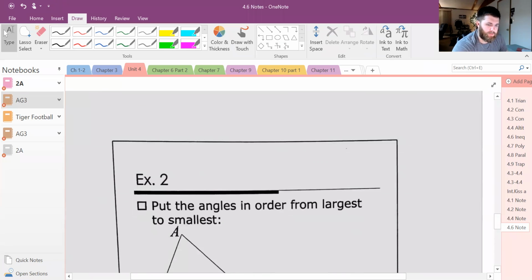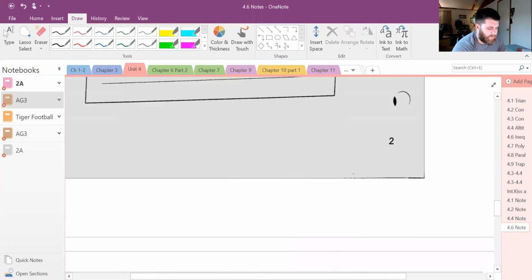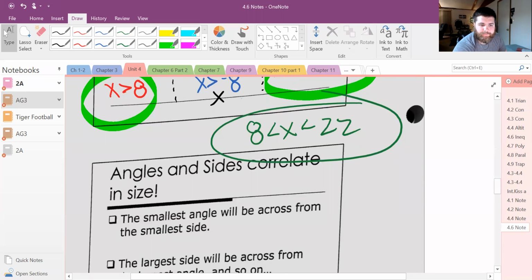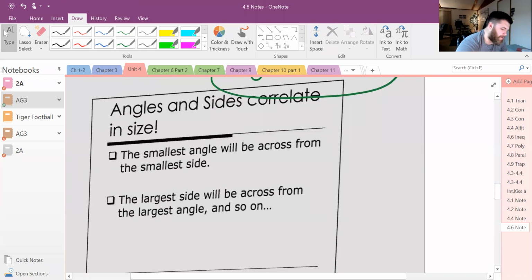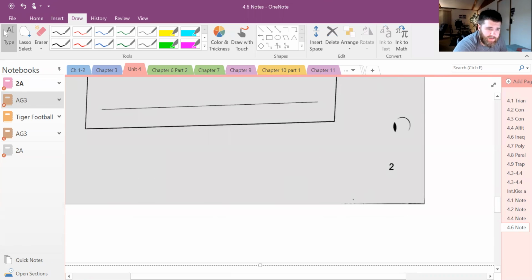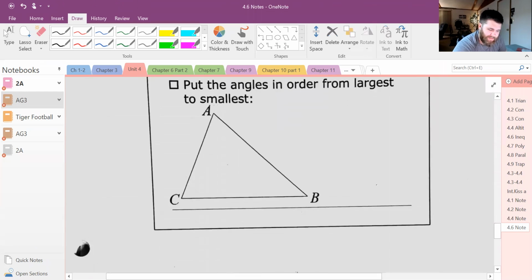Anything I need you to write on the first slide? Nope, we're good. So let's just read it. The smallest angle will be across from the smallest side. The largest side will be across from the largest angle. I just said that. It's pretty self-explanatory.